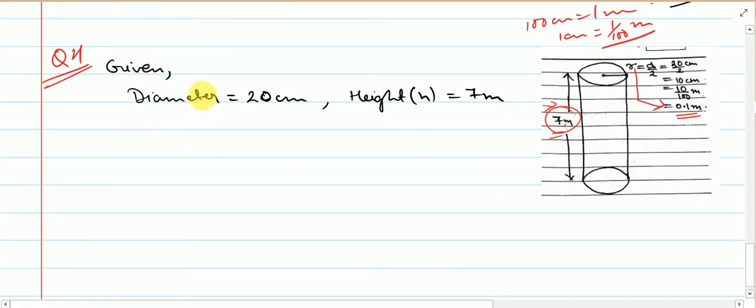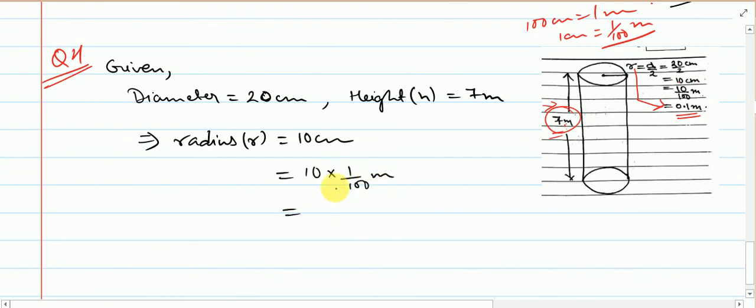So here diameter is given. This implies radius r will be 10 centimeter, which in meter can be written as 10 into 1 upon 100 meter. So 10 0 0 cancel, so you are getting 0.1 meter. Now volume will be pi r square h.